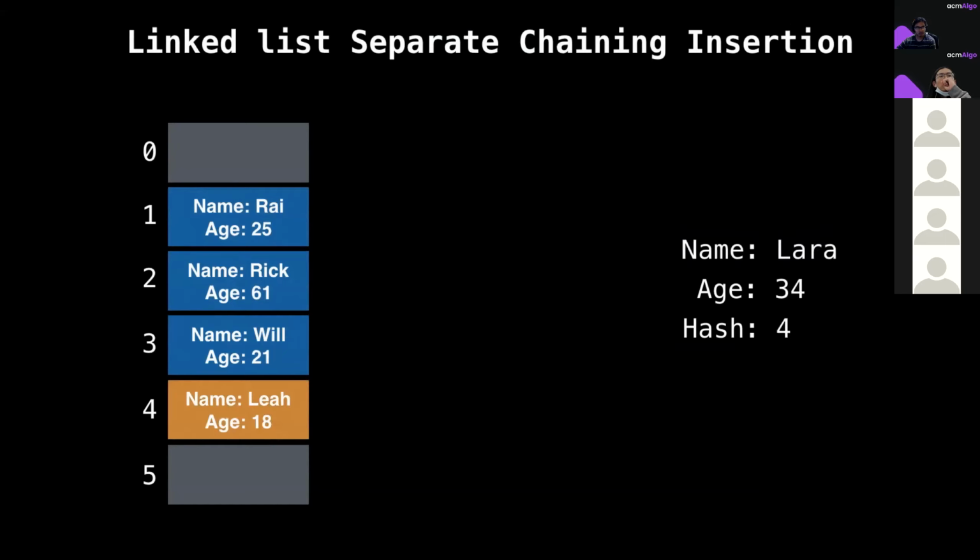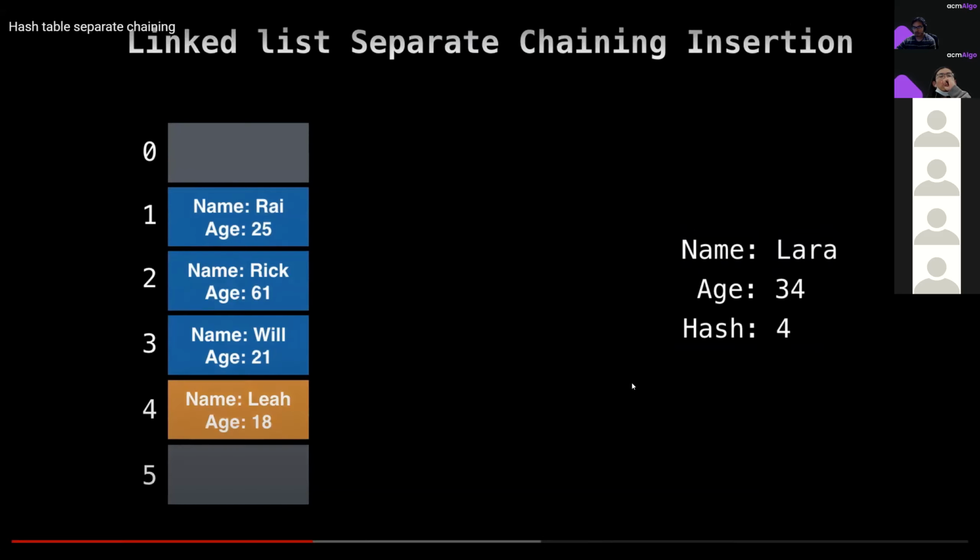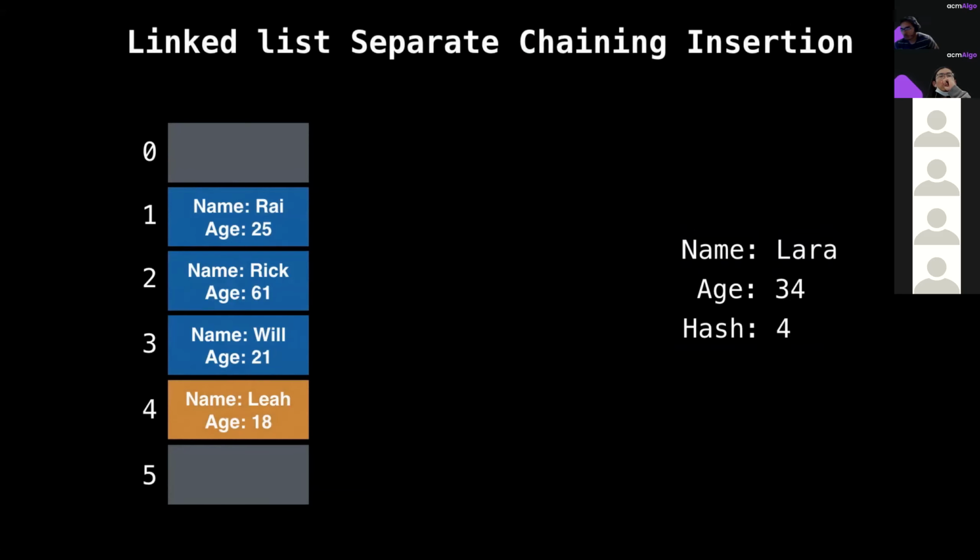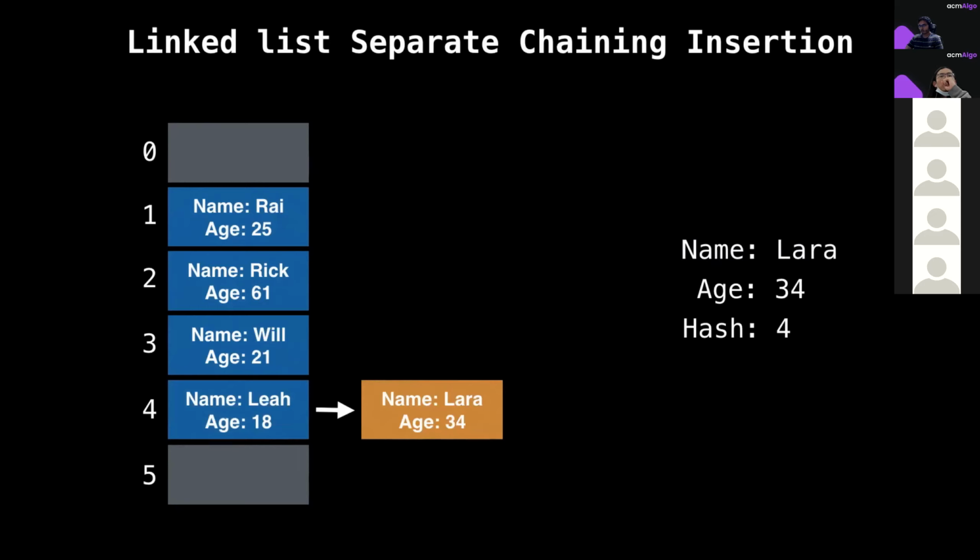Okay, Lara, age 34, hashed to 4, but we say, oh shoot, Leah is already there. What do we do? Well, in separate chaining, we just chain along. Essentially each position in the array is actually a linked list data structure.